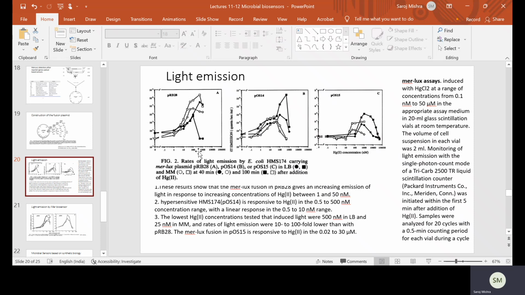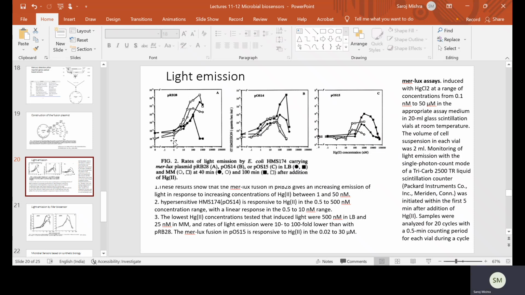So that's what we are trying to say here, that you have got the cell suspension, and either you are cultivating them in the minimal medium or in the rich medium, that is LB medium, with different concentrations of mercury. So the data points which you are going to see here, for example, are the data which is obtained when only 1 nanomolar of mercury chloride has been added to it. And you are going to register your response for the cells cultivated in LB medium or in minimal medium, either after 40 minutes or after 100 minutes.